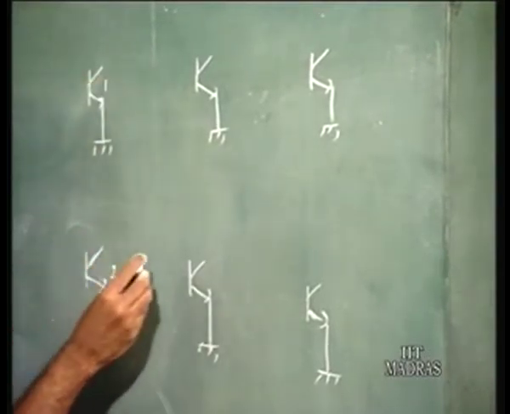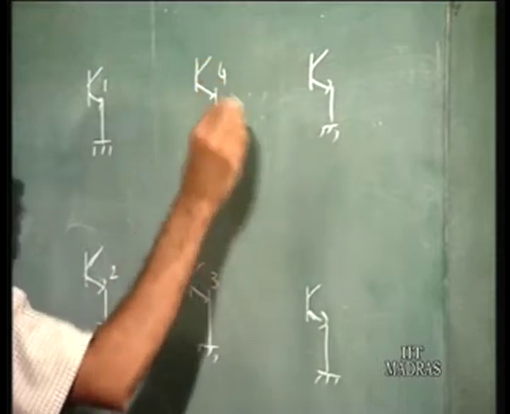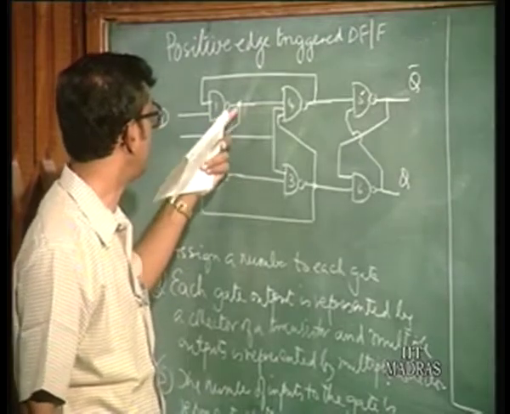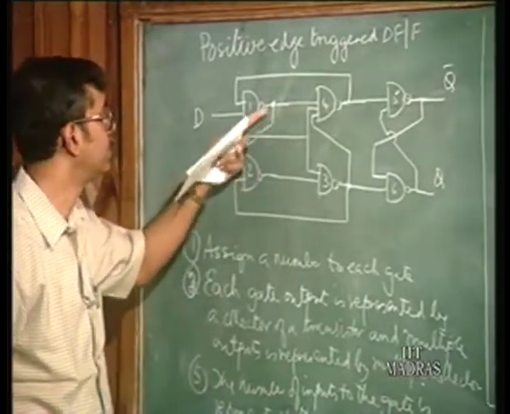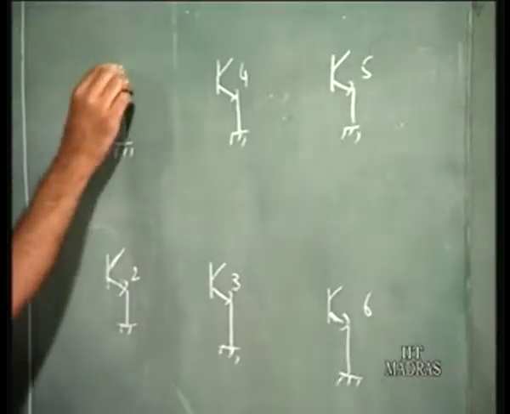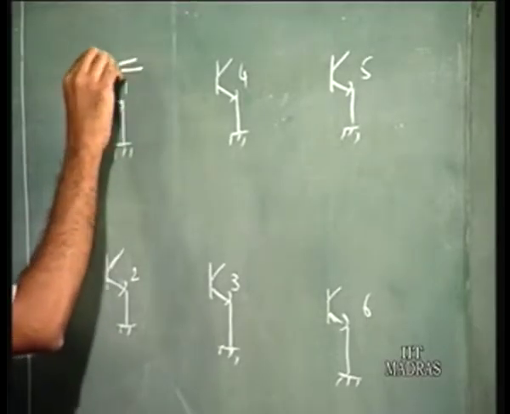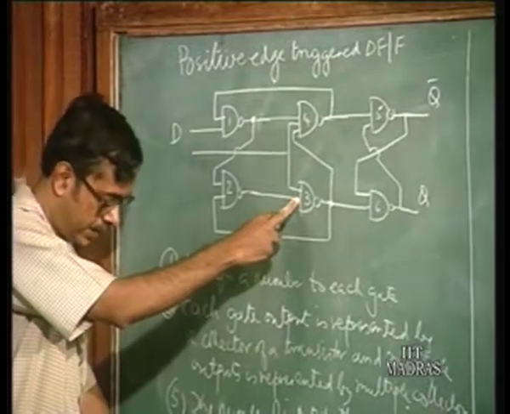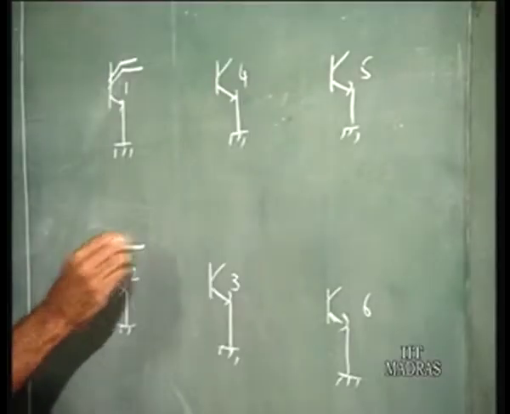So 1, 2, these are the numbers 3, 4, 5, 6. Gate number 1 has a fan out of 2. So this is going to have 2 collectors. I can just draw it straight away. 2 has just one connection, so it is just one collector.